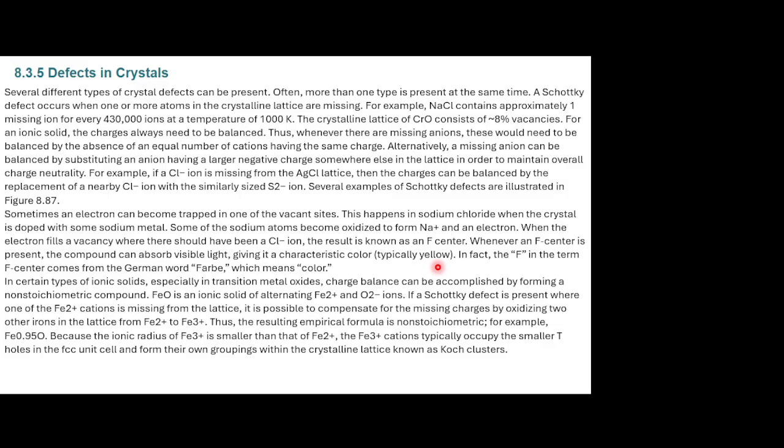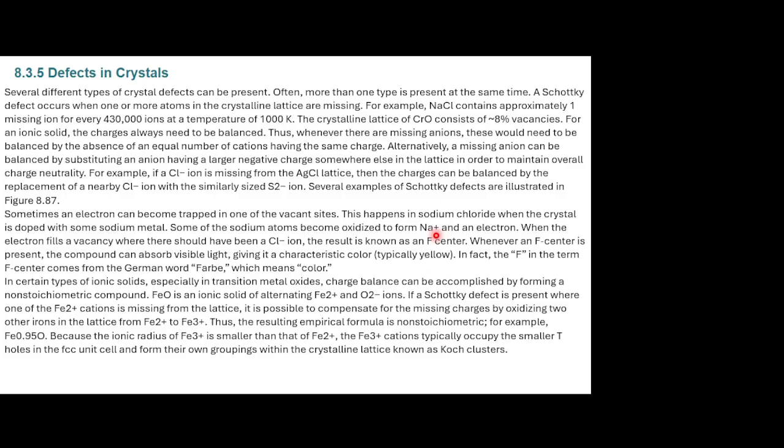Or another way of saying that that's more succinct and more accurate is you'll have the same equivalency. Does everybody remember equivalency? No? It's the charge times the number. So if you have 10 charge worth of missing sodiums, 10 plus missing, then you need to have a 10 minus missing somewhere as well. Okay.